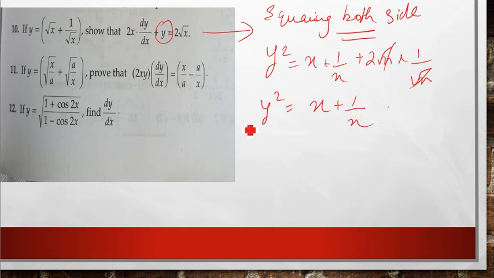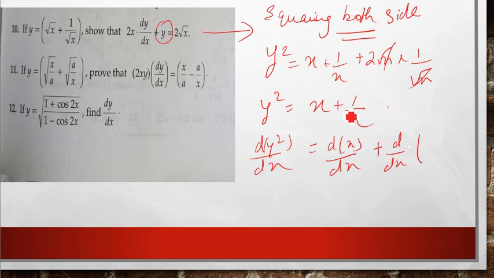Now we will differentiate this entire equation. So if we differentiate, d of y square by dx equals dx by dx plus d by dx of 1 by x. Now see, 1 by x we can write as x to the power -1.